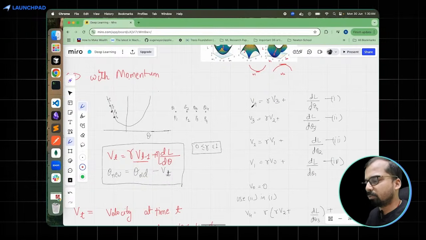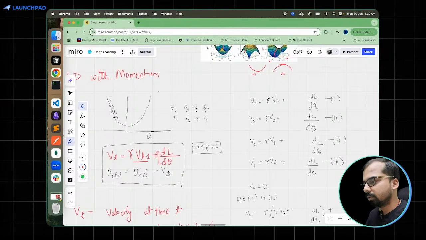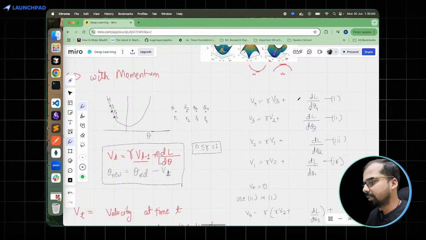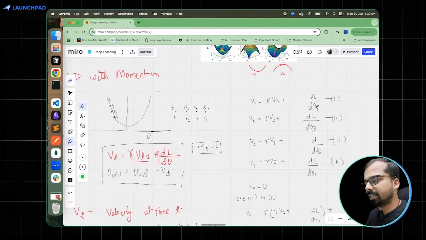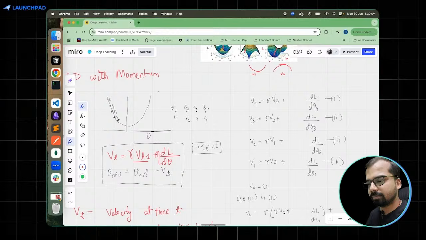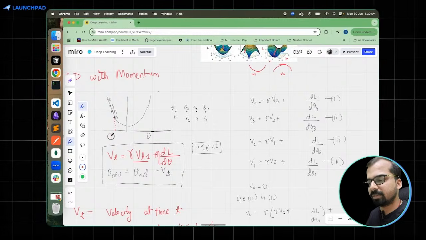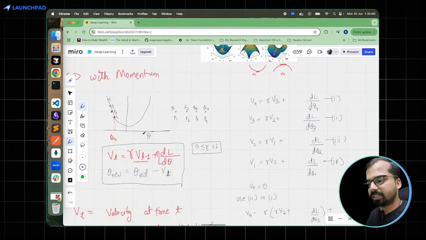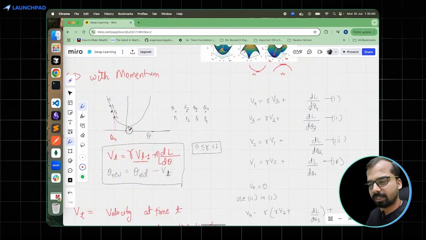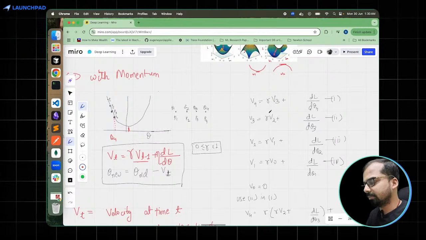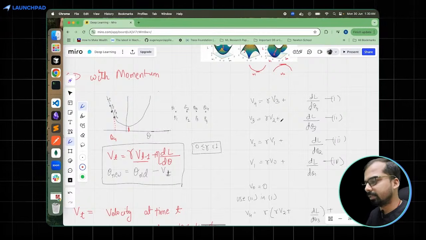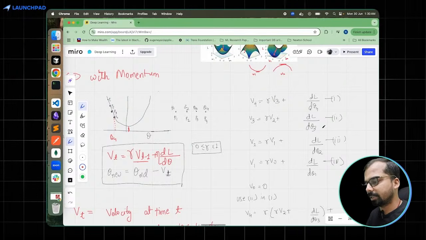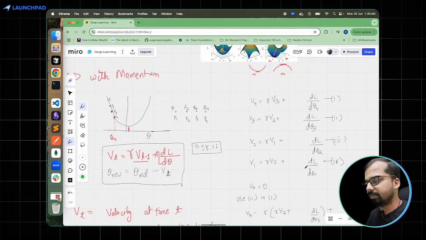So velocity at point 4 will be equal to gamma times the velocity at point 3, V t minus 1, plus dL by d theta 4, right? Because I am at P4, here the parameter is theta 4, right? I am trying to get the best values for theta somewhere over here. Similarly, velocity at point 3 will be equal to gamma times velocity at point 2 plus dL by d theta 3. Similarly V2, similarly V1.